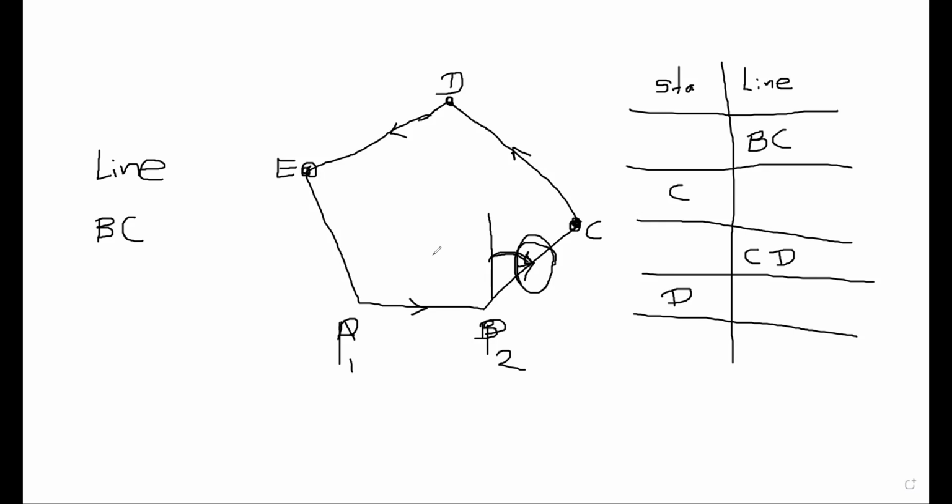Either you have to go for A dash, B dash, or AA, AB, etc., like in vehicle number plates. But if you put P1, P2, there is no limit of 26. You can go up to any number of stations. So we normally put them as P1, P2, P3, primary stations.